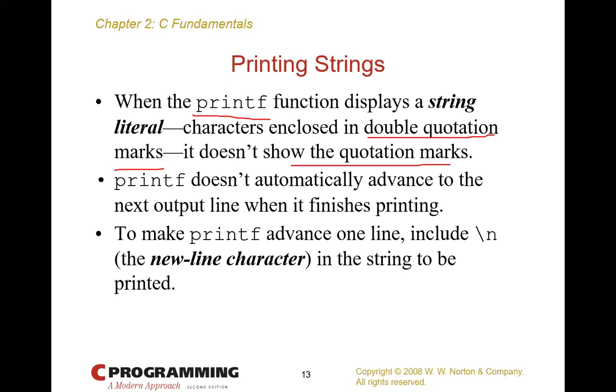Okay, let's forget about that and continue. So printf doesn't automatically advance to the next output line when it finishes printing. To make printf advance one line, you have to include this \n. \n is called the newline character. I'm thinking it will be easier to explain this to you with an example.